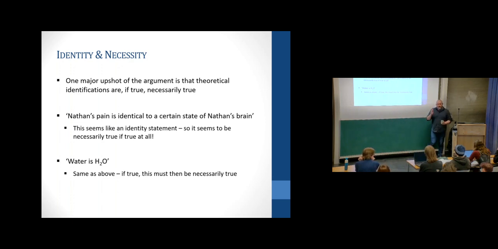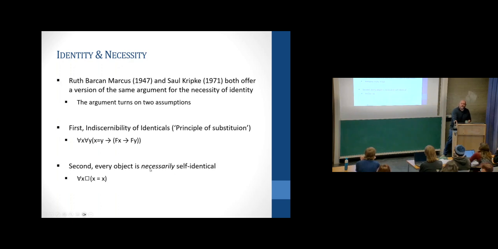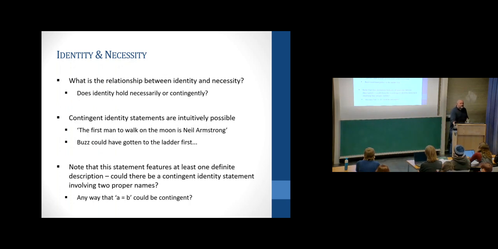Remember, an identity statement has that special form. We have two objects. And remember also, we're only dealing here with identity statements where we've got names on both sides. So it doesn't force us to say that the identity statement's true.